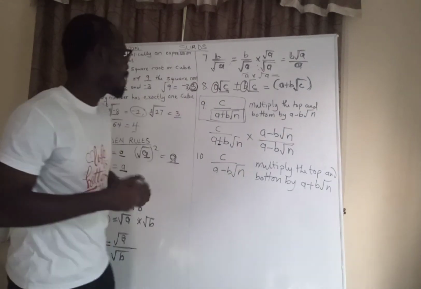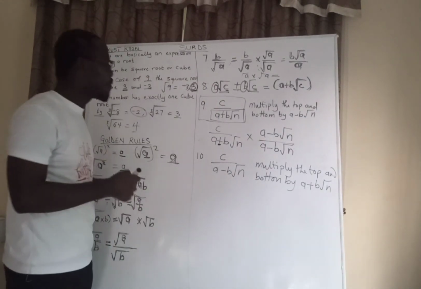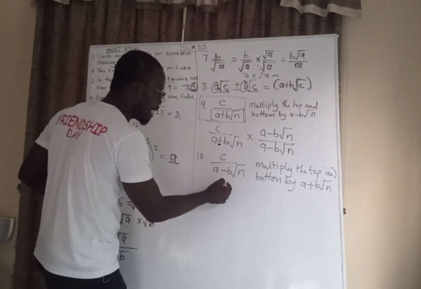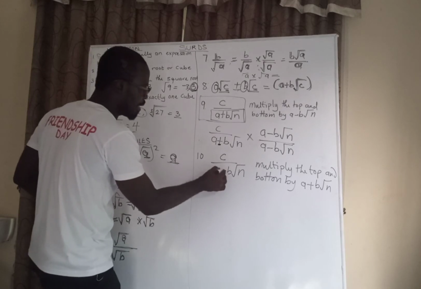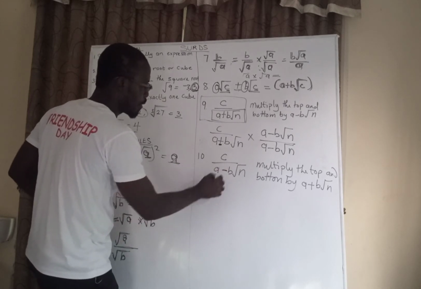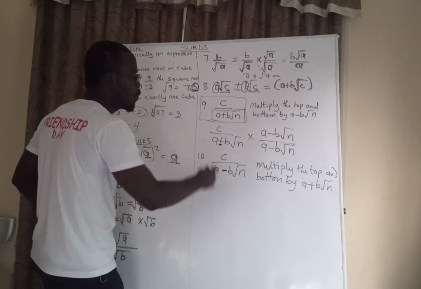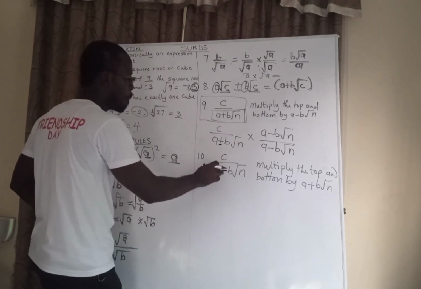Now, let's look at the 10th golden rule. The 10th golden rule says that C, the same way, the only thing is the sign. So this time it is negative. And if it is negative, what we will use to multiply will be positive.